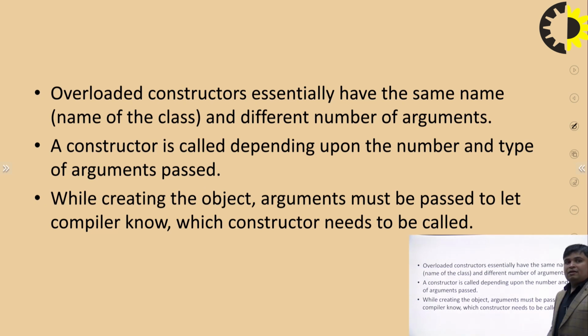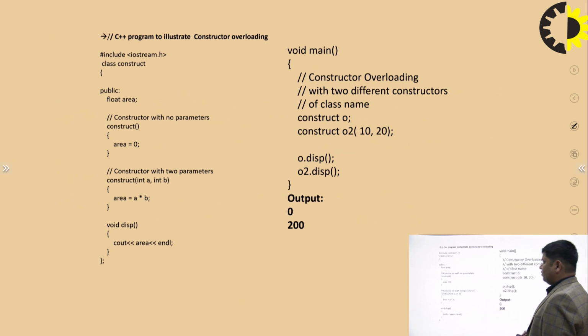Overloaded constructors have the same name and different numbers of arguments. A constructor is called depending upon the number and type of arguments passed while creating the object, so that the compiler knows which constructor needs to be called. These are some points regarding constructor overloading.